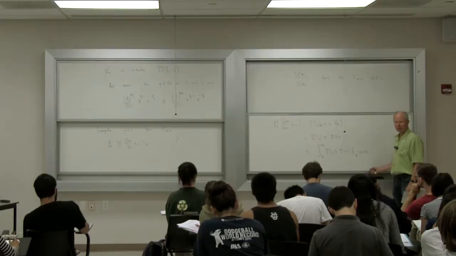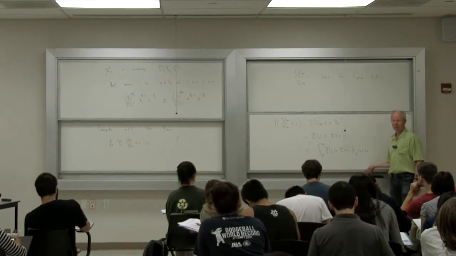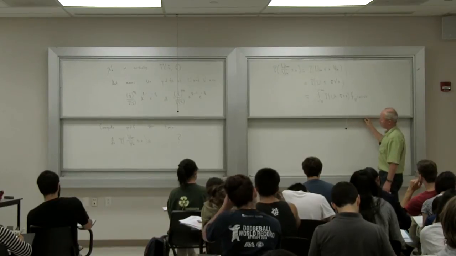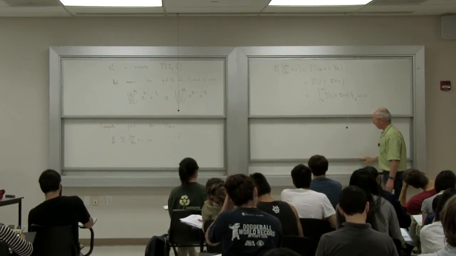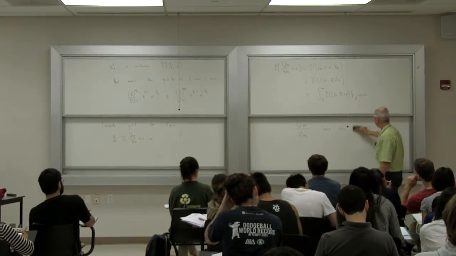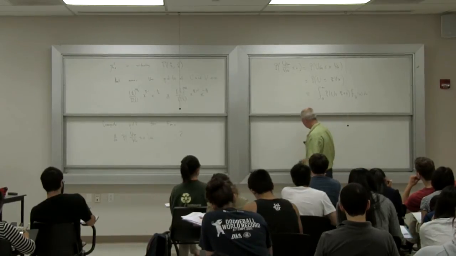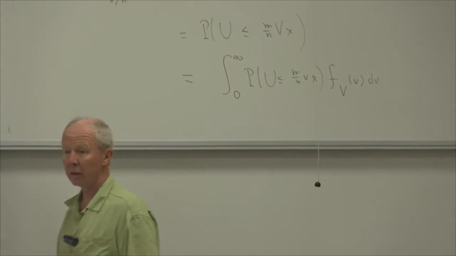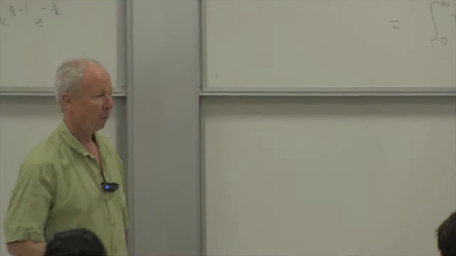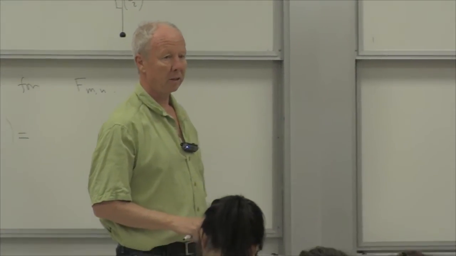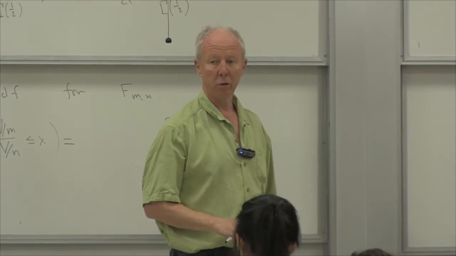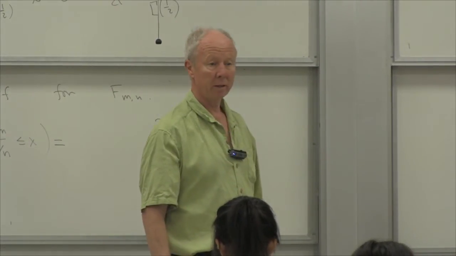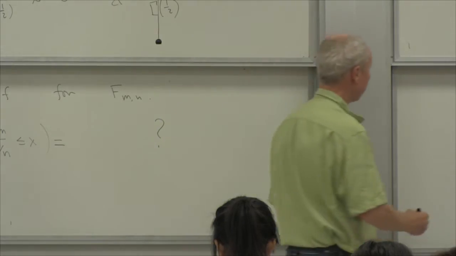Now this maybe I should take a couple steps here. This is saying that the pair (U, V) is in a certain set. It has to lie below the line in UV space that has slope m over n x.